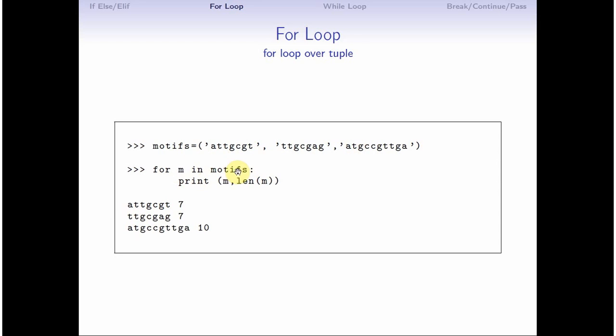For M in motif, print M and the length of M. For each item in the motifs, you print the item itself and the length of M. So this one is 7: 1 2 3 4 5 6 7. We will print this and 7, and do the loop for each one of them.